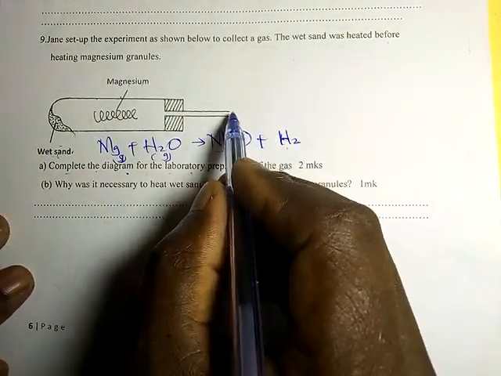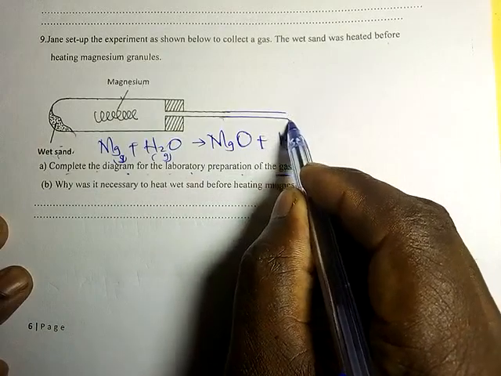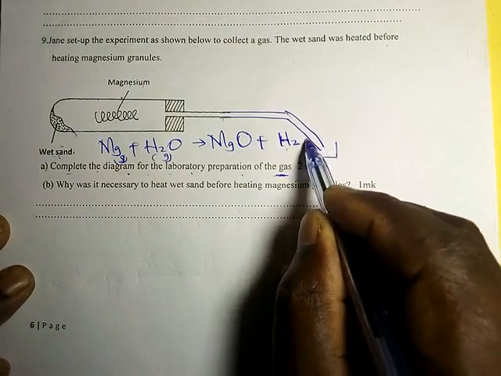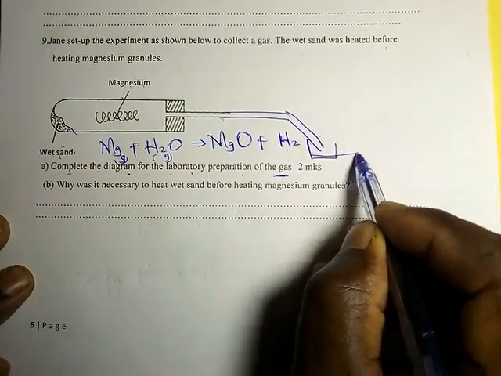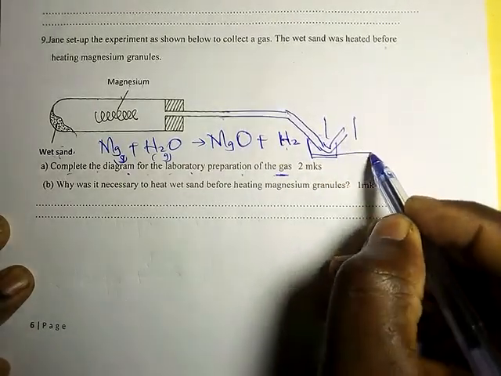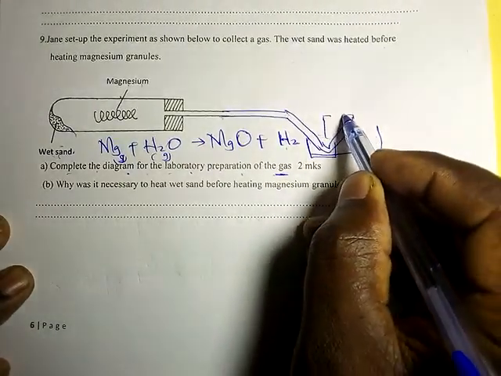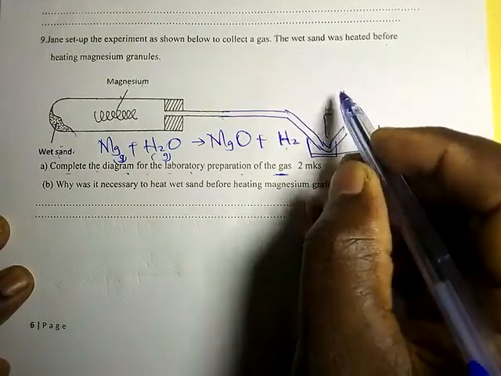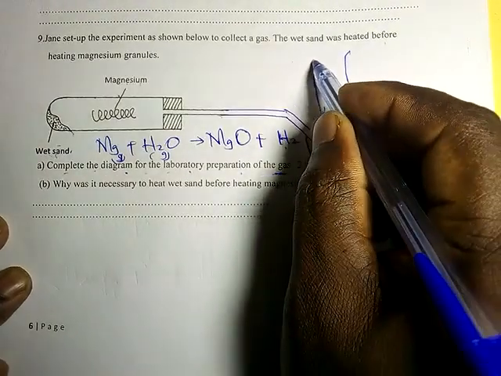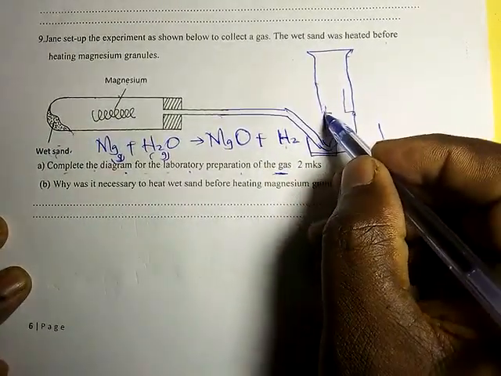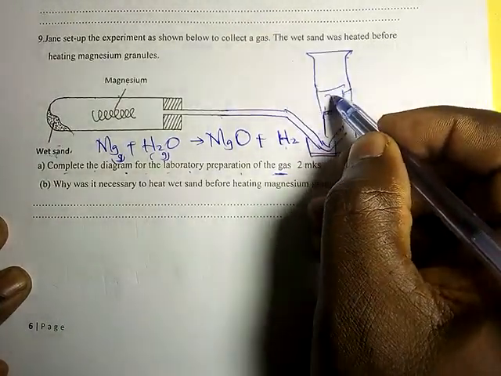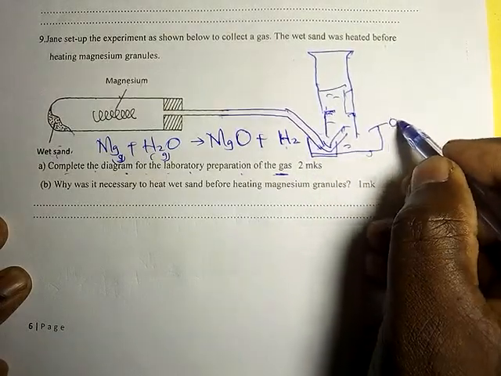So you can easily extend this, bring it into water, and have the gas jar like that. And this is water, and this one is the over water method, and you are done.